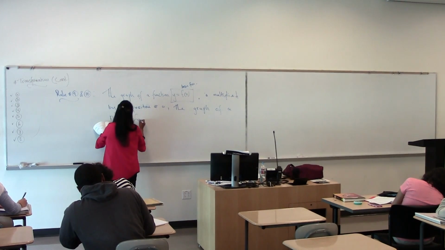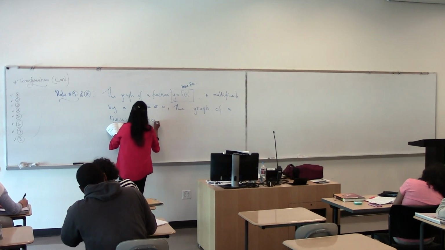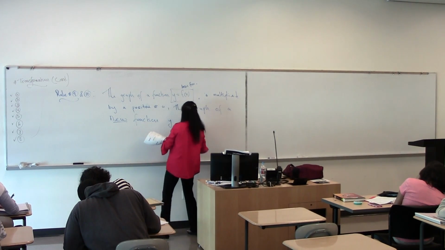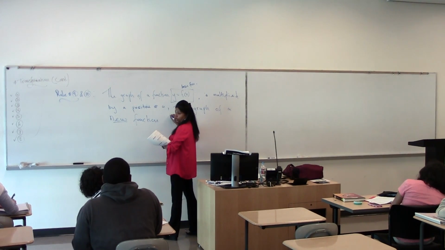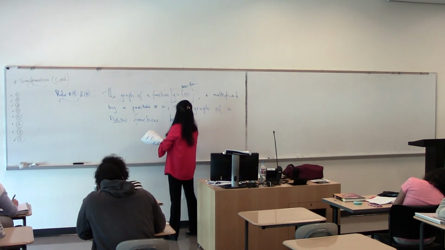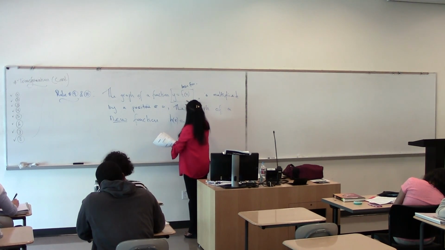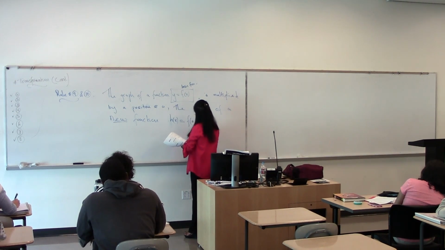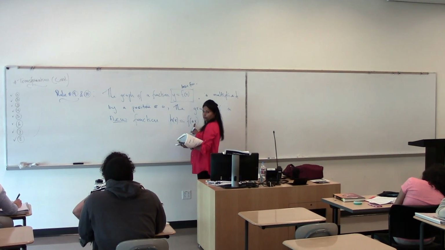So this is a new function that we need to graph. We've been calling this h of x, correct? The new one we've been calling h of x is equal to f of a x. This is a inside now.